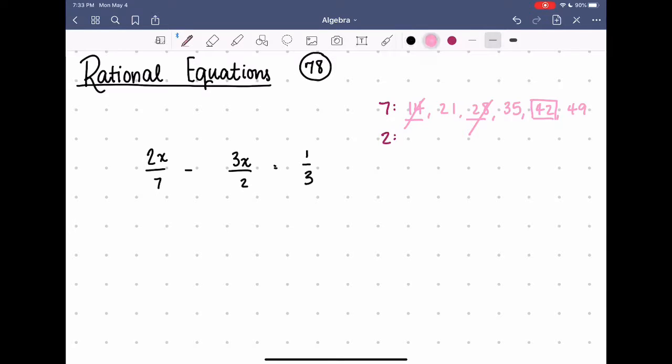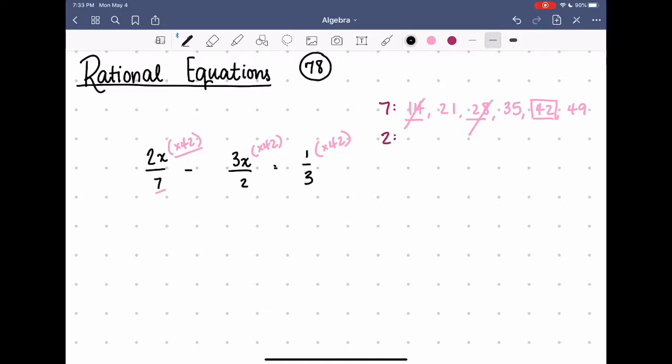So I'm going to multiply every single one of these terms by 42. And a simplified way of doing this, instead of actually multiplying it and then simplifying every fraction, I can just do 42 divided by 7 and put that in the numerator.